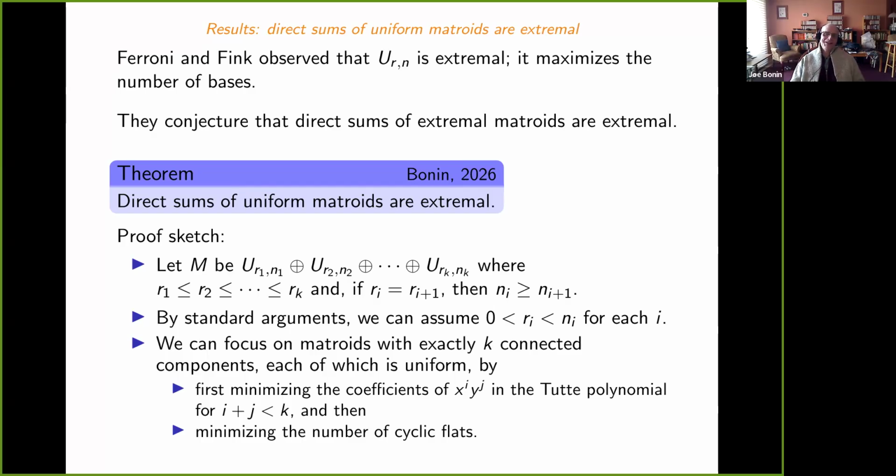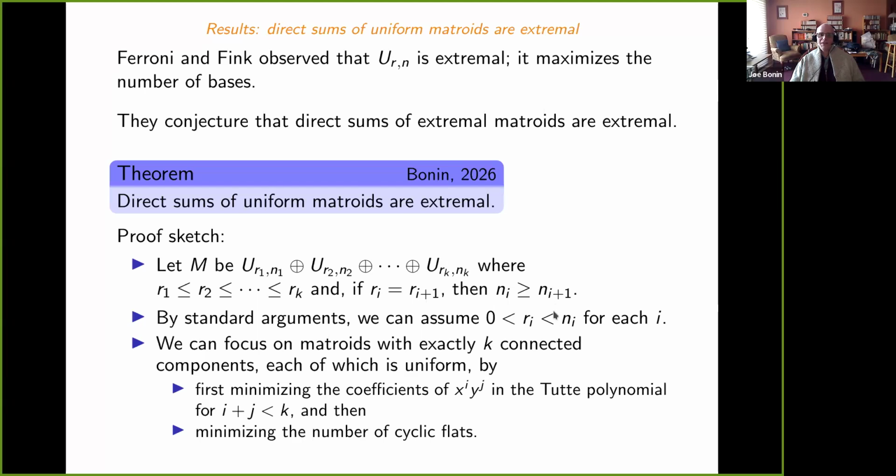So to prove this, let's take a direct sum of uniform matroids. Let's order them so that the ranks don't go down. And if two ranks are the same, well, put the one with fewer elements later. You'll see why I want to do this in a moment.